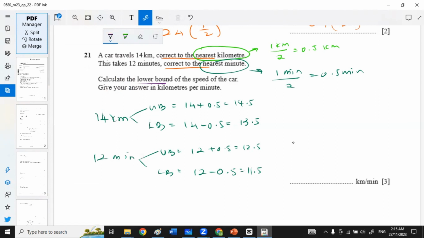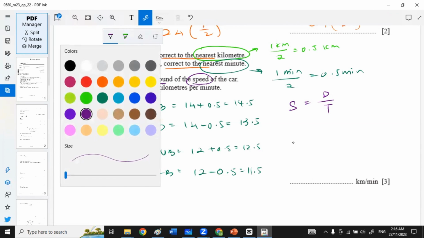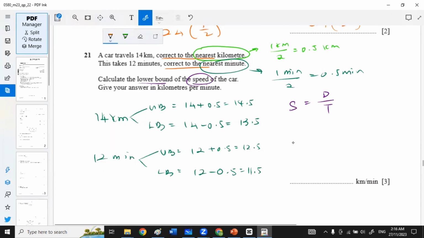Calculate the lower bound of the speed. Okay, so we know that speed is equal to distance over time. When you need to divide, the lower bound of the speed, you need to take the lower bound over upper bound. You want to make it as small as possible. If the question asks for upper bound, then it's upper bound over lower bound.